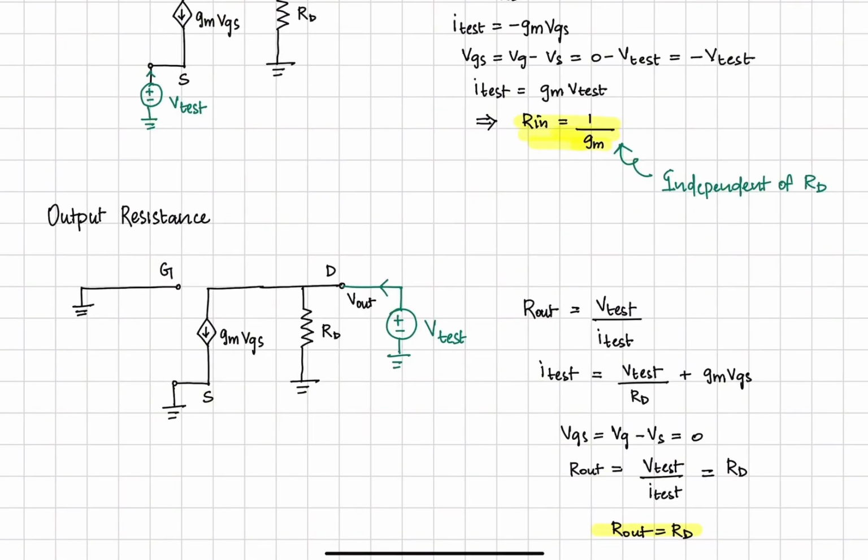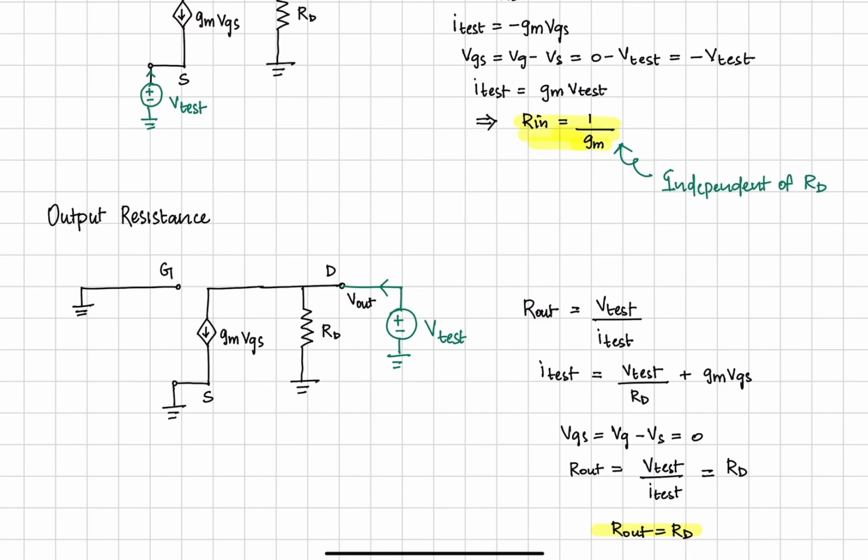The output resistance is also the same, but we just inject a test voltage into the output terminal. So the output terminal is the drain terminal in this case. Rout is equal to Vtest divided by Itest. And this is a simple KCL.